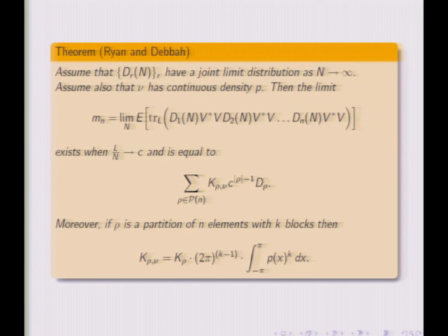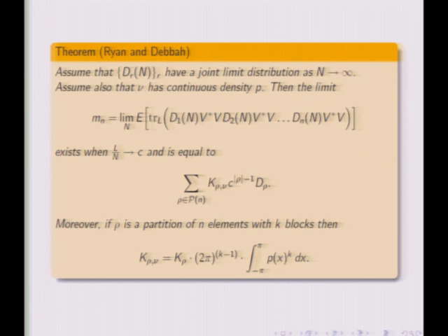All right, now, Ryan and Deborah, as I mentioned, preceded us in doing a lot of the groundwork in this area, and they proved that the limiting moments exist. They're doing this under a slightly more complicated situation, where we have these matrices D rho.